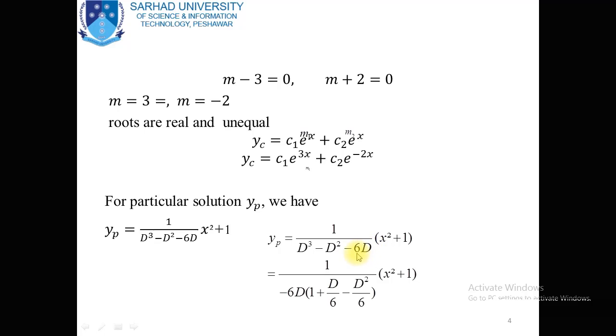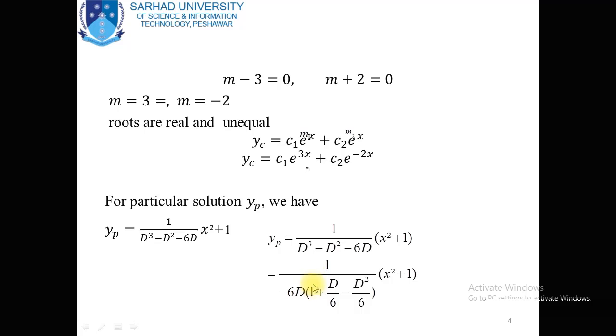Take common the lowest degree term, minus 6d. We can write 1 plus d by 6 minus d square by 6. If we multiply minus 6d again to these terms, we obtain d cube minus 6d, d cube minus d square minus 6d.